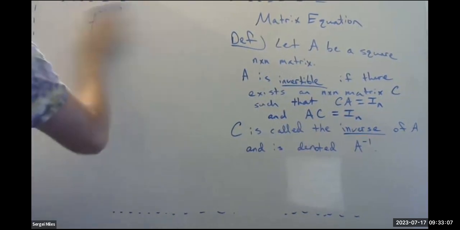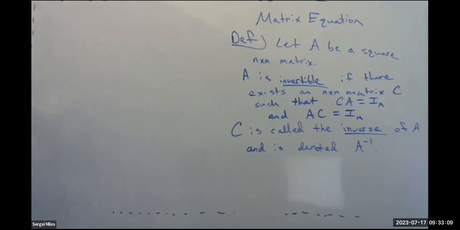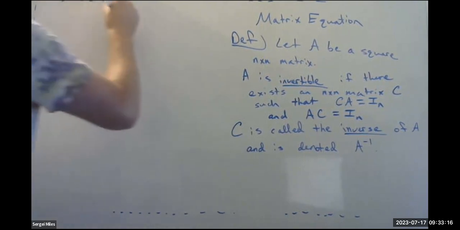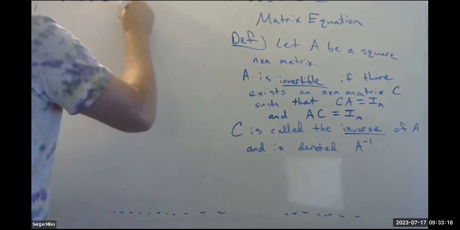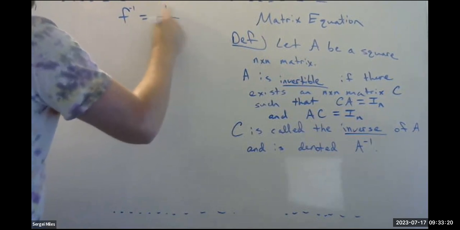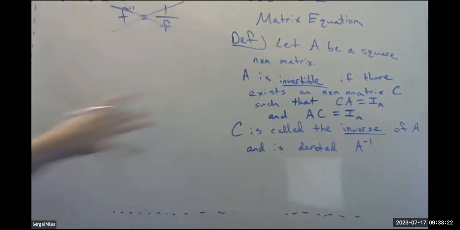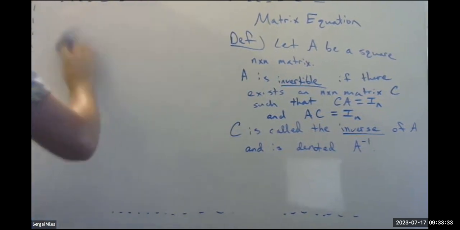A inverse here, you can think of this as like the same thing with functions, where you can have inverse functions. When you have an inverse function, well, this is not 1 over f, right? Same idea here. When I say A inverse, even though it has that -1 power, that does not mean it's 1 over A. A inverse does not equal 1 over A. Why?